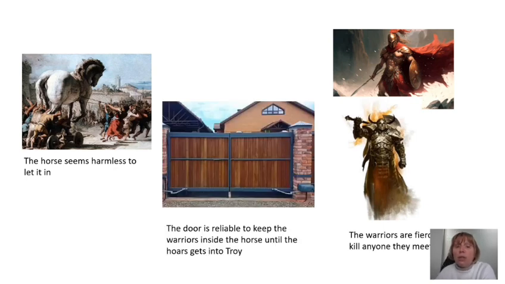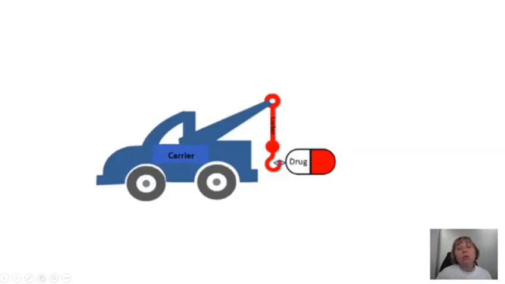And the third factor is that all the warriors were locked inside the horse until the horse got inside Troy. So we can use the same three factors to make our chimeric molecule successful.